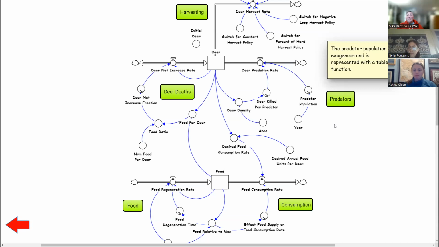Now, one reason to go the extra mile and make the model more complicated, and make the predator population a stock, and for that matter have the hunters be a stock, with the hunters hunting the predators and the predators hunting the prey, is if somebody, let's say in the Department of Natural Resources, who was your client, wanted to see that in there.